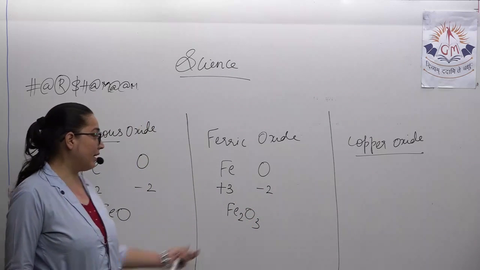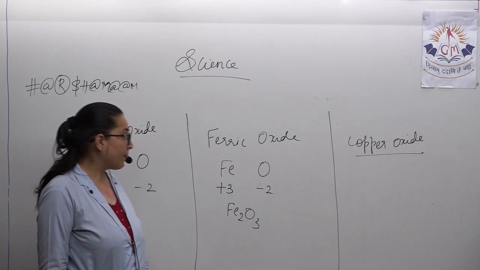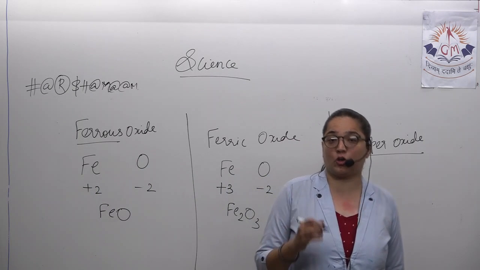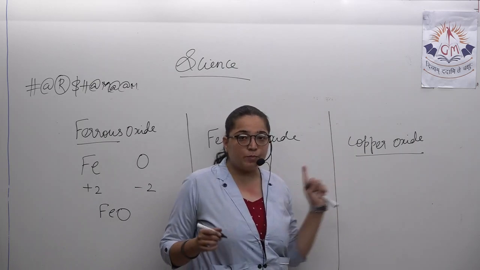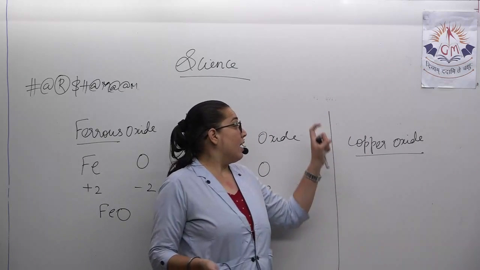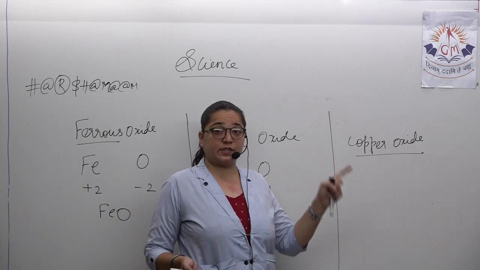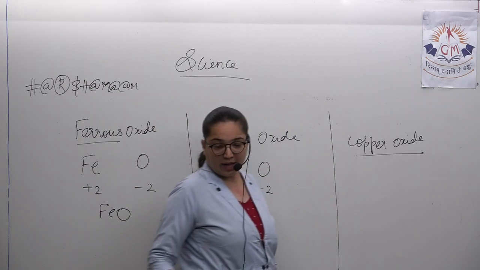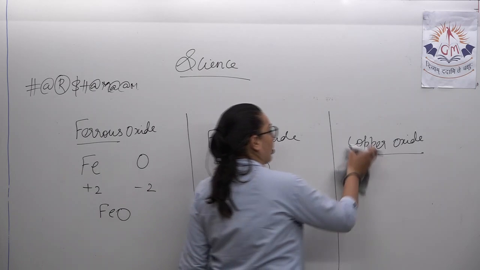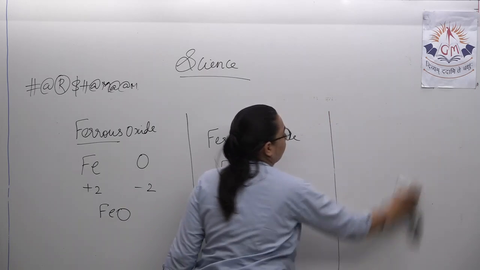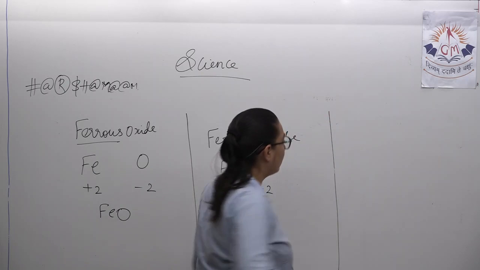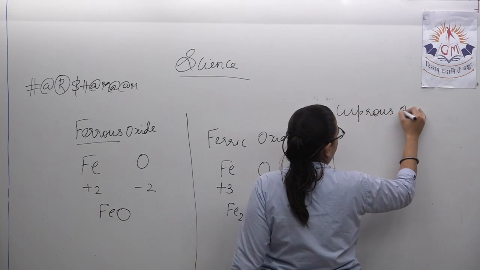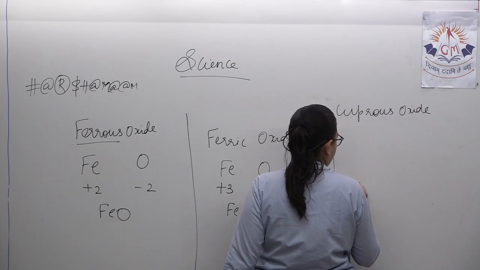So one element is existing in its two forms. Copper oxide. Copper also we have cuprous and cupric. If they have not specified cuprous oxide or cupric oxide, then you have to do both. That is copper, cuprous and cupric.